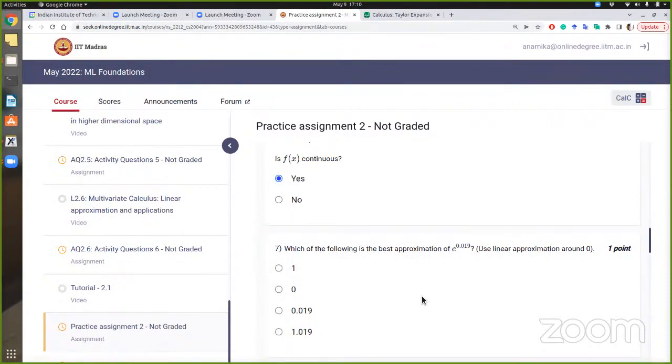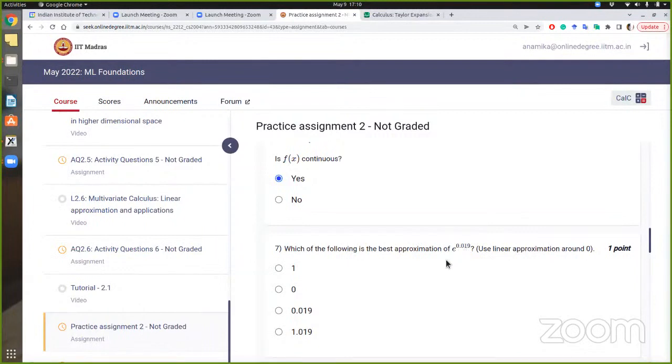And around which point should you compute the approximation? 0. You are interested in using that approximated equation to find the function's value at 0.019, which is in the vicinity of 0. So it suffices to compute the linear approximation of e to the x at x equal to 0, and you should get a value which is close to the actual value.